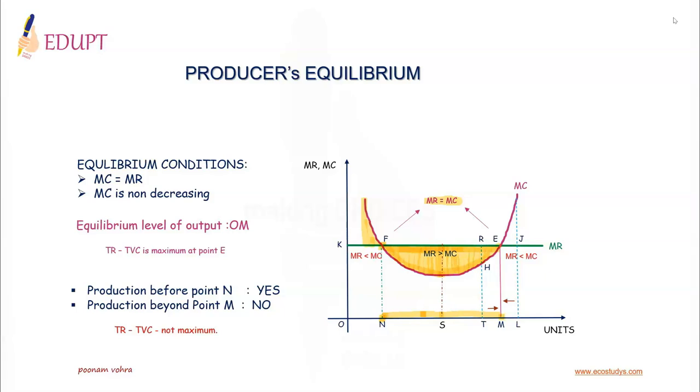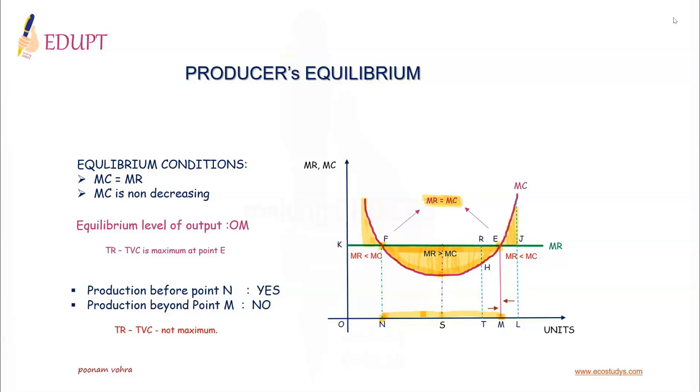The producer can produce to the maximum till point M. If he further continues production, he will once again find that marginal cost is greater than marginal revenue. So it will be a loss for the producer to continue production beyond point M. And at this level of output, point E also represents that marginal revenue is equal to marginal cost.